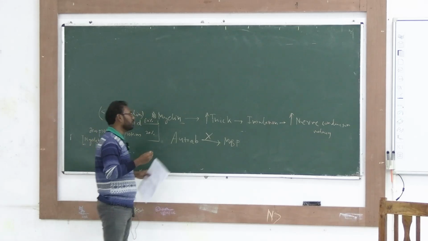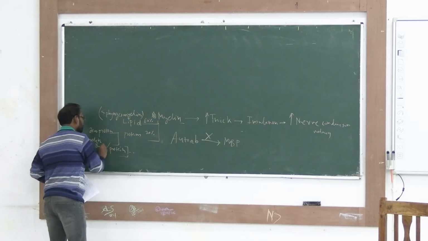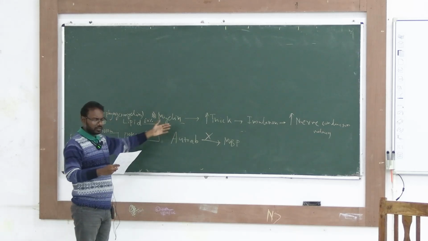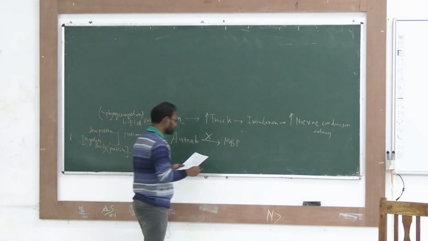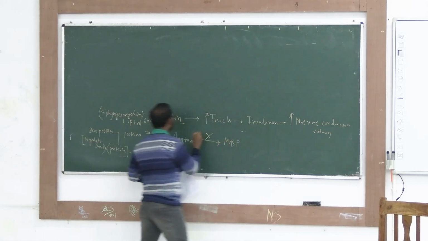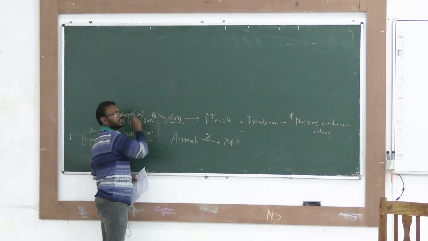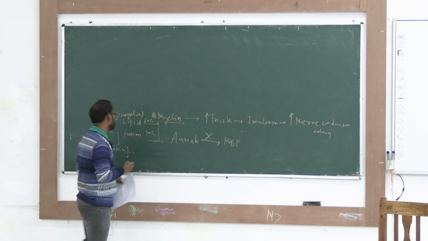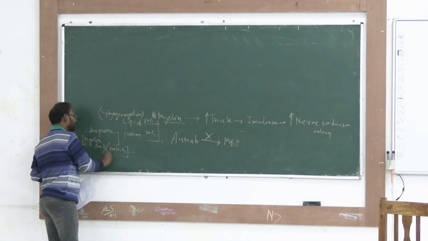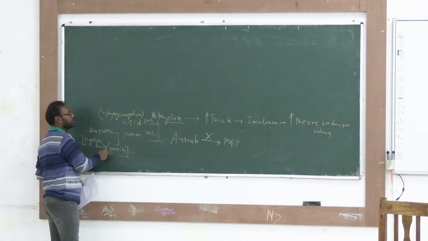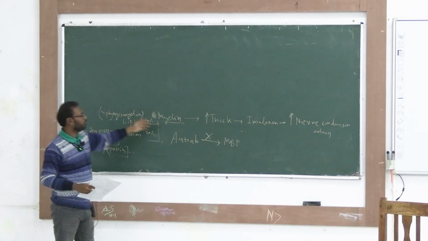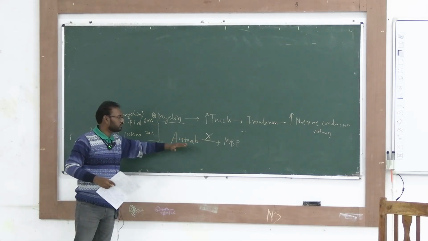What will happen? Simple. If there is a problem in myelin basic protein, then this myelin sheath will actually be hampered. So the normal structure of the myelin sheath will be hampered because of the problem in myelin basic protein, because they were hindered by these autoantibodies.